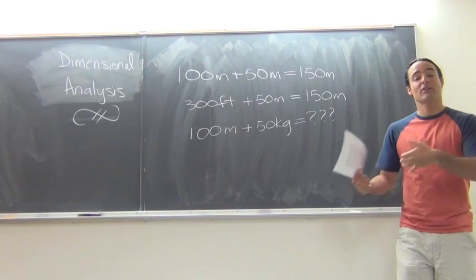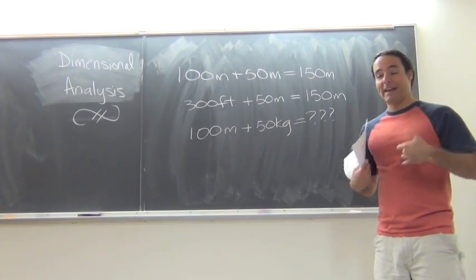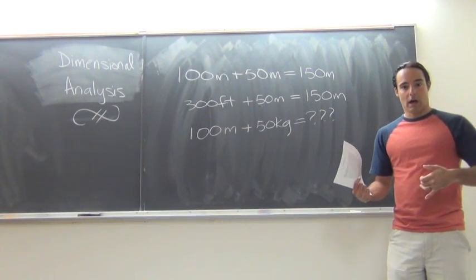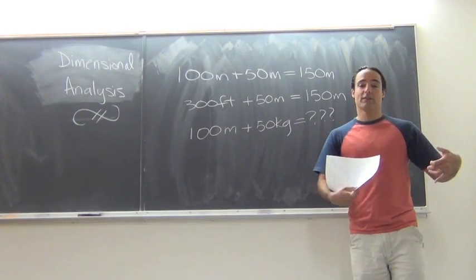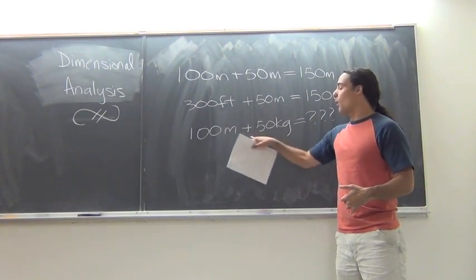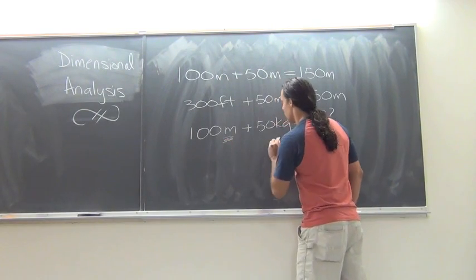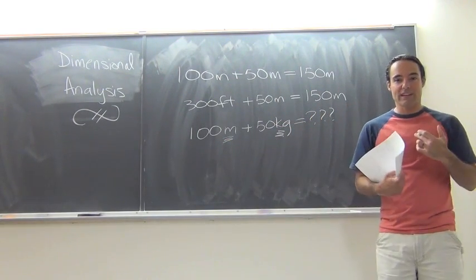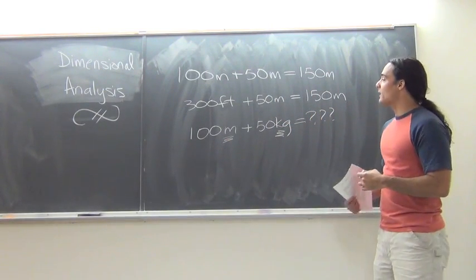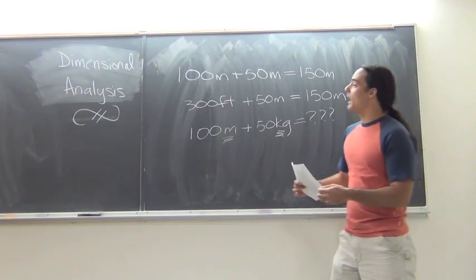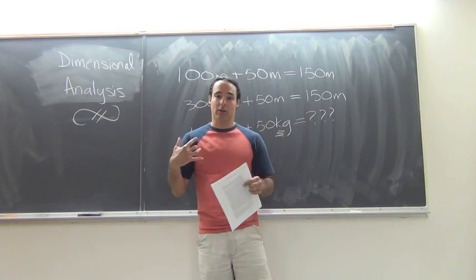I can't travel 50 kilograms. I can lift up 50 kilograms. I can gain weight. I could put on 50 kilograms. But walking 50 kilograms, that doesn't make any sense. Meters and kilograms are categorically different units. And that's an important point behind what's known as dimensional analysis.